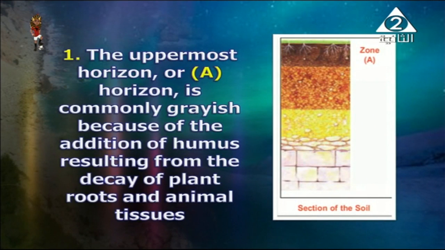Now let's go to the next question about the types of the soil profile. As you know, my dear students, we have the uppermost horizon, which is the A horizon. It is commonly grayish because of the addition of humus resulting from the decay of plant roots and animal tissues.